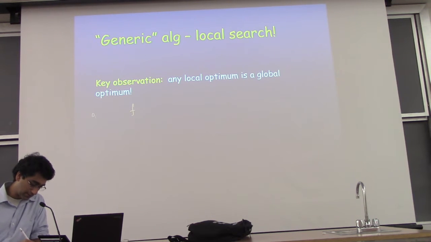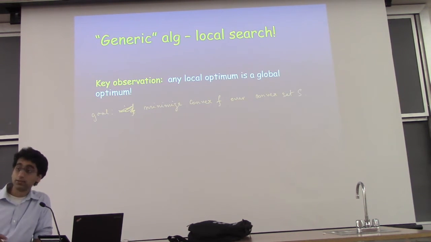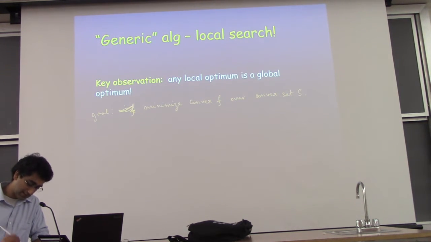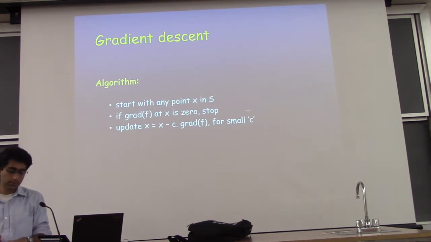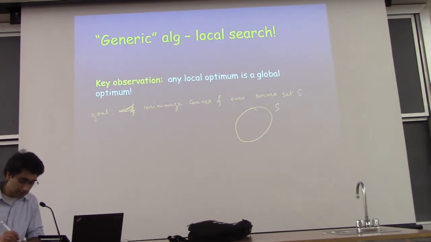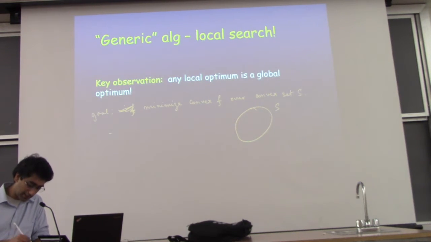The goal is you want to minimize convex function f over a convex set S. This is your goal, and let's say S is this set. Now consider the following very simple algorithm, which is: start with some x in S.